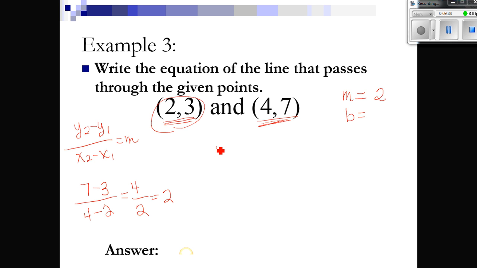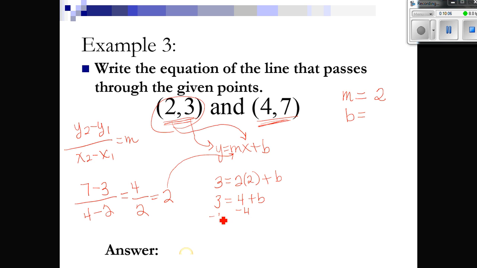So let's go ahead and use the formula y equals mx plus b. In that, we know that we're going to use our random point. Our 3 goes in for our y, our 2 goes in for our x, and our slope of 2 goes in for our m. So we have 3 equals 2 times 2 plus b. 3 equals 4 plus b.